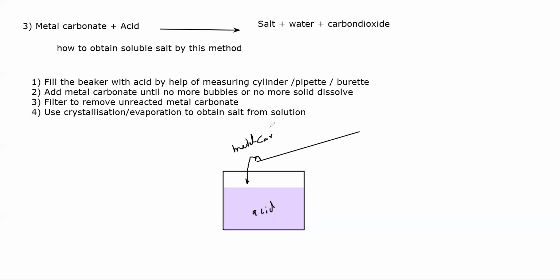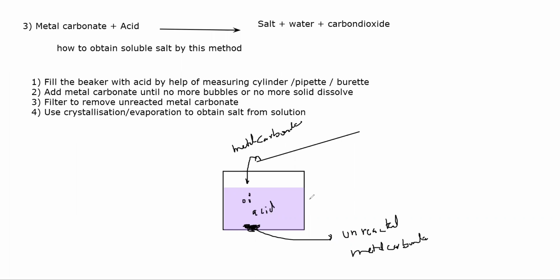The moment we add metal carbonate to this acid, it will result in the formation of carbon dioxide, salt and water. So we'll observe bubbles. We will add this metal carbonate until no more metal carbonate reacts or no more solid dissolves.